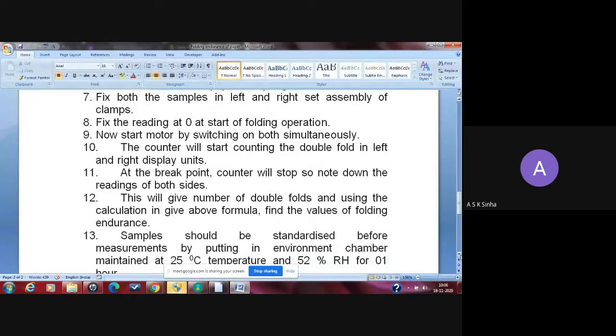It should not be distorted to some angle. Otherwise, it will give you a false reading, and a lower value of folding endurance will come.